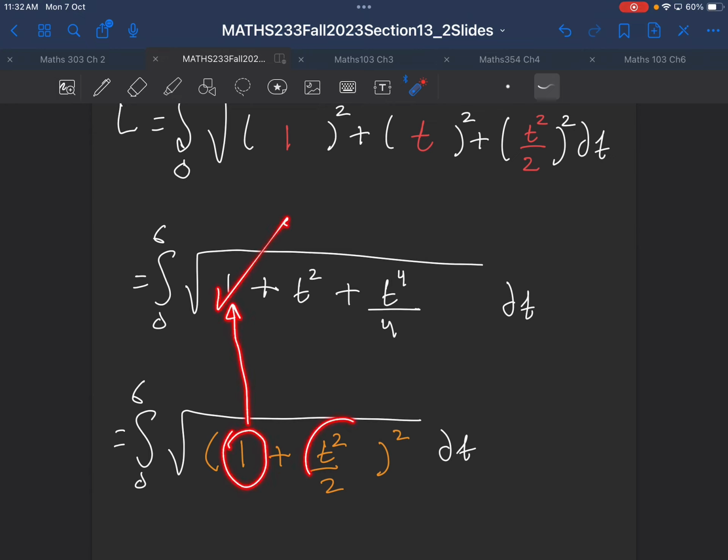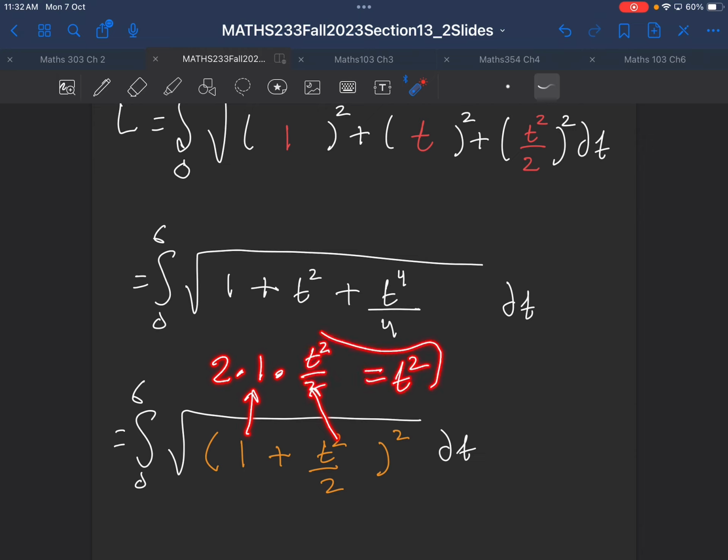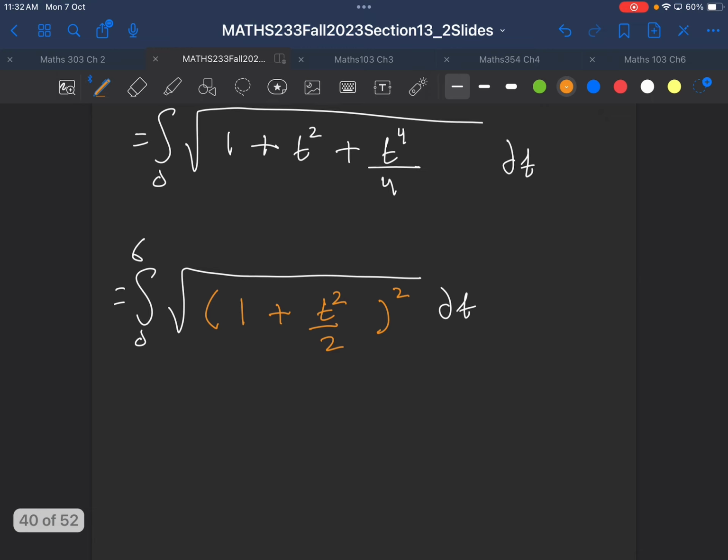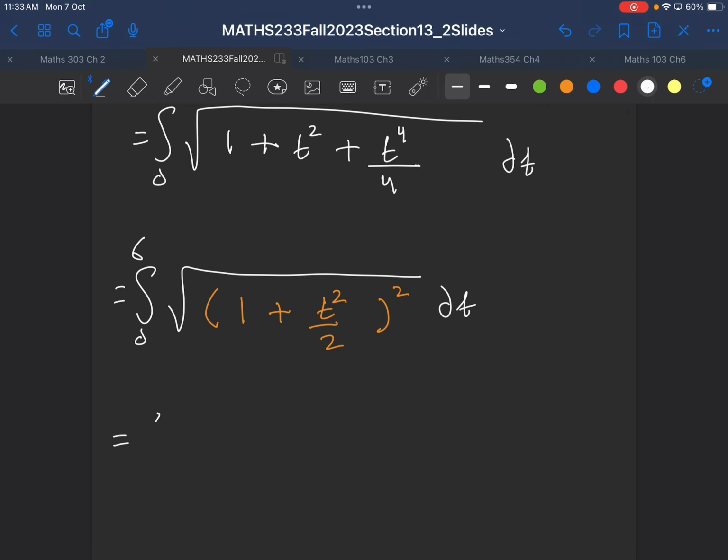Good. If we square this one, we get t to the 4 over 4. So far, so good. Now, if we do 2 times the first one times the second one, we get t squared, which is exactly the one in the middle. So again, it's there. I'm happy because the square root will just cancel with the square, so I will get the integral of 1 plus t squared over 2 dt.